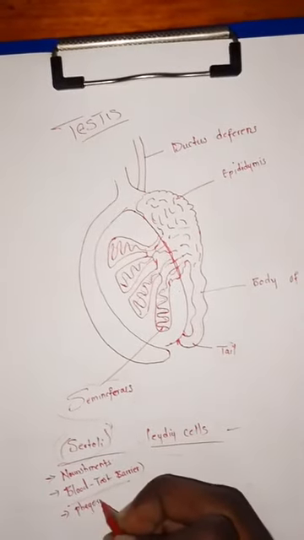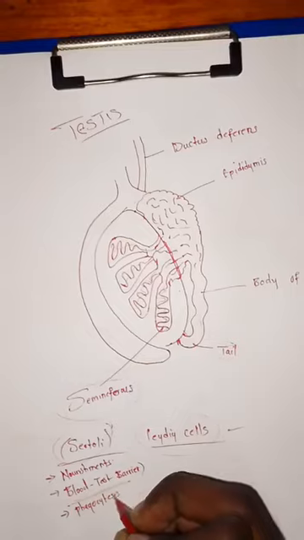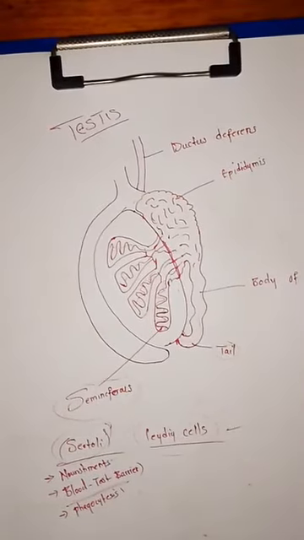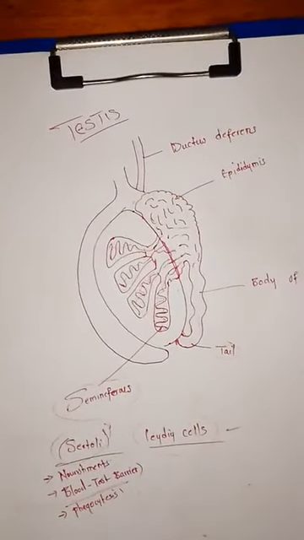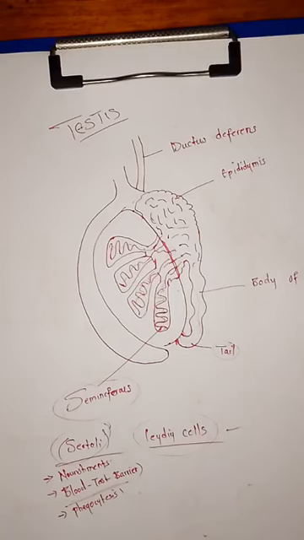So at some point, these Sertoli cells actually have a phagocytotic action, in which they tend to remove those residues that are being shed by these maturing spermatids.